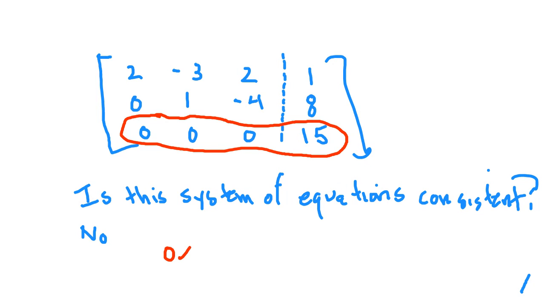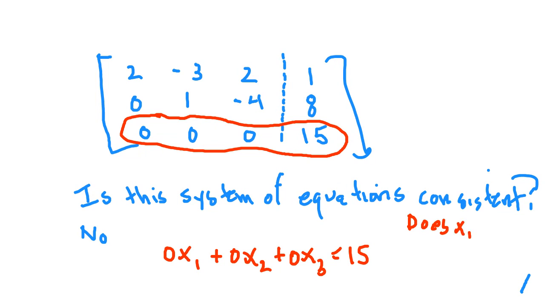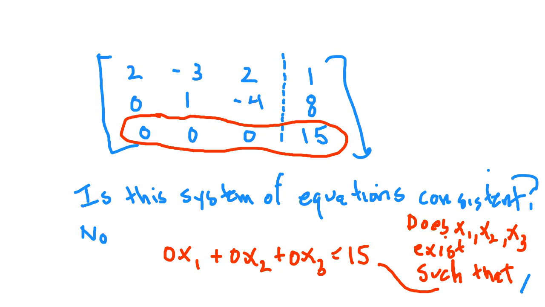I think of the last equation as 0x1 plus 0x2 plus 0x3 equals 15. That's how we read it. So does an x1, x2, and x3 exist such that this is true?